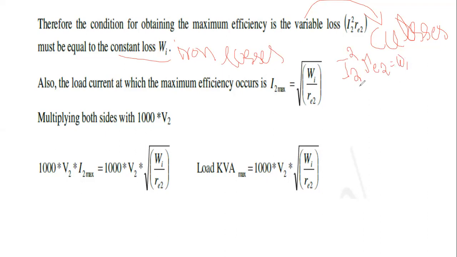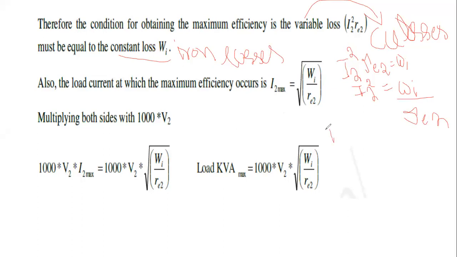What is the maximum current? I2 square is equal to Wi by R2.